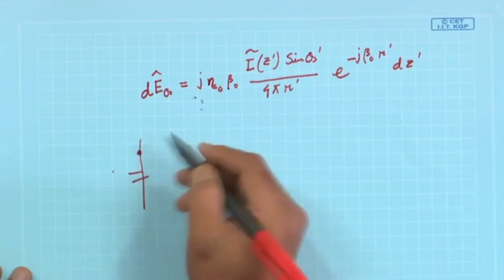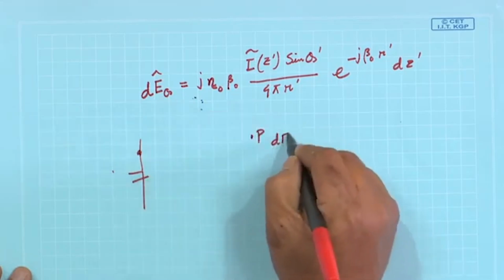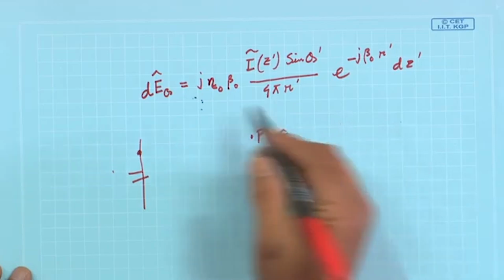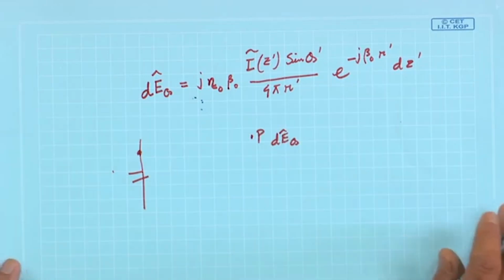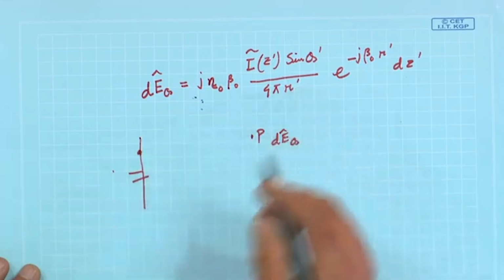Sorry, this is the point. So, at P, this is the d theta and it is oriented in the theta direction, and this is the value of this. Now, here you see different points will have different r dash.